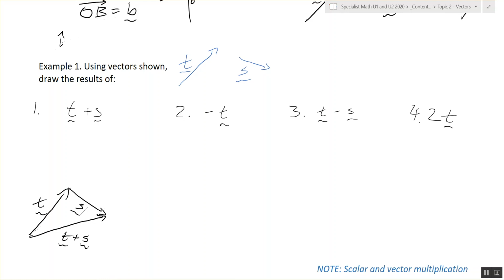All right, what about the second one? Now you've got the idea? Yep, so you just flip the T. So it simply should be the same length as the original T, but in the opposite direction.